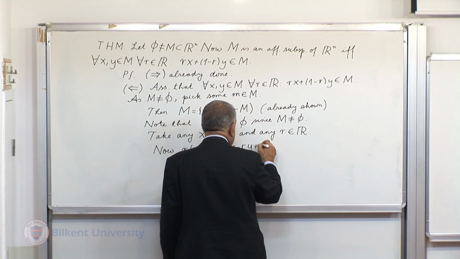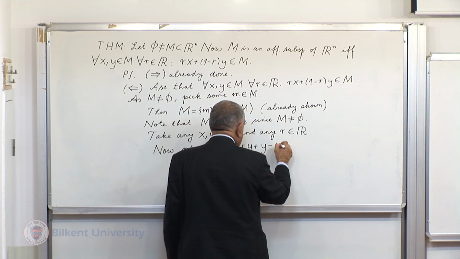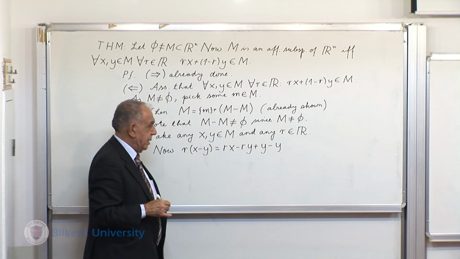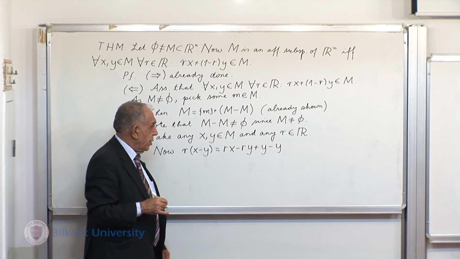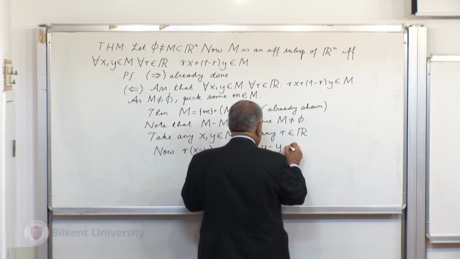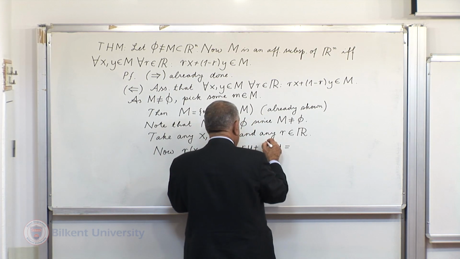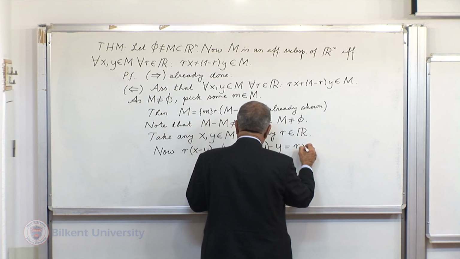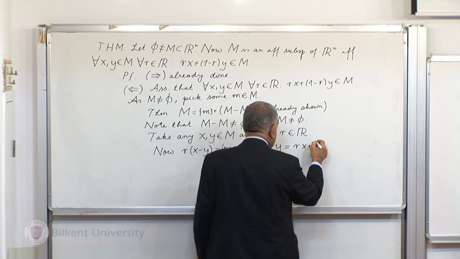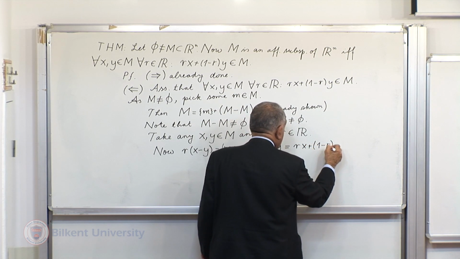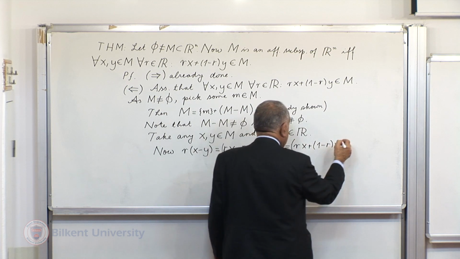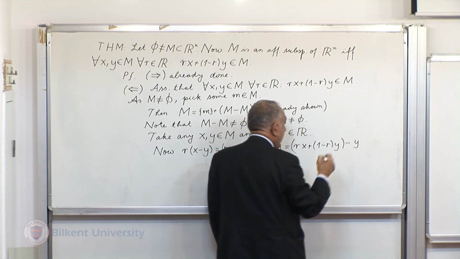Now we can add y to this and subtract y from that, so that we have rx plus (1 minus r)y, and then minus y.